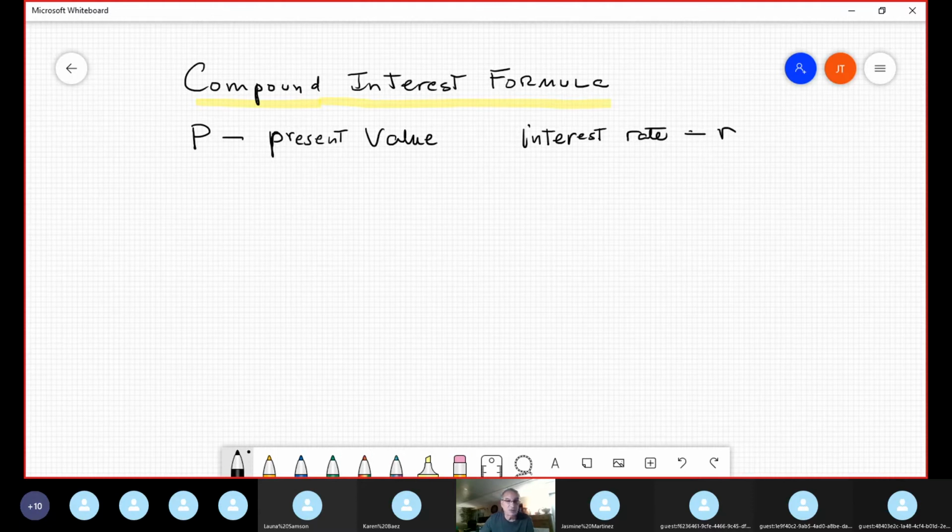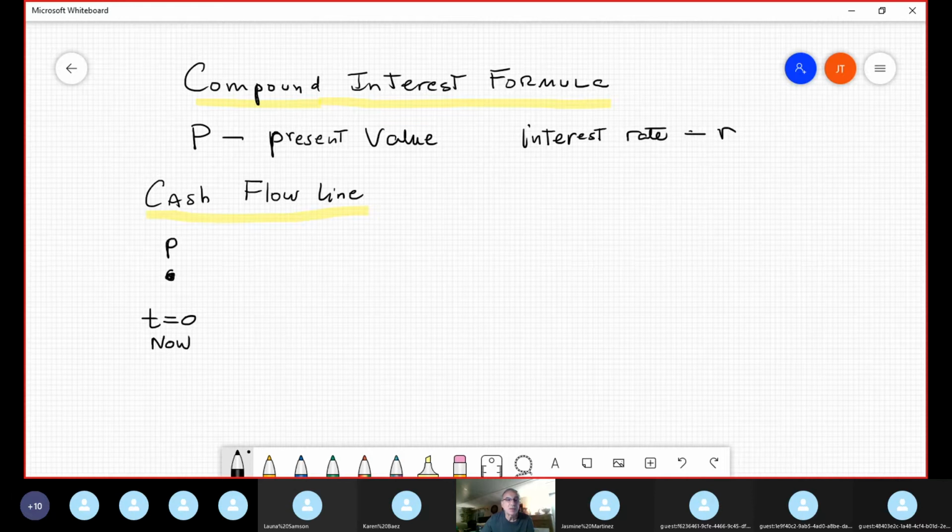Okay. Let me try to understand the cash flow line. This is at t equals 0. I have that money.